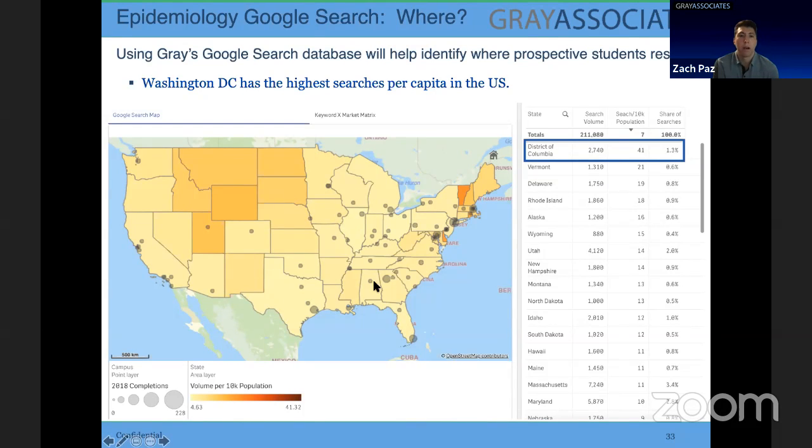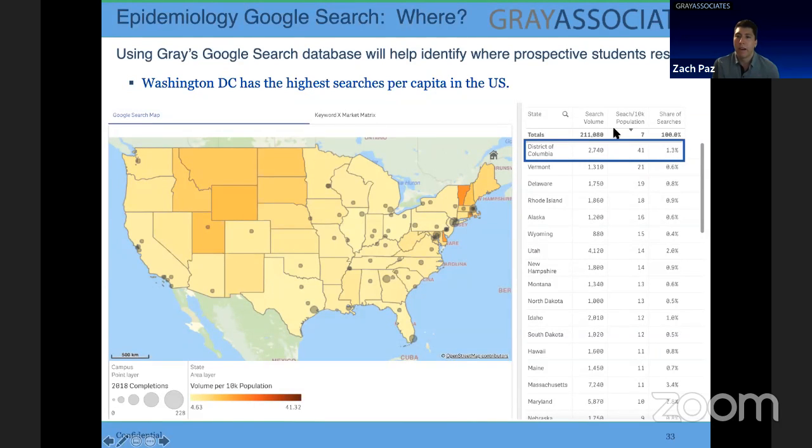If we showed just search volume, you would pretty much see a map of population, so we wanted to show you the density of searches. Also on this map are all the competitors. So not only can you see where the searches are happening, but you'll also be able to see exactly who and where the competitors are, or the other institutions, or your institution, offering this program.